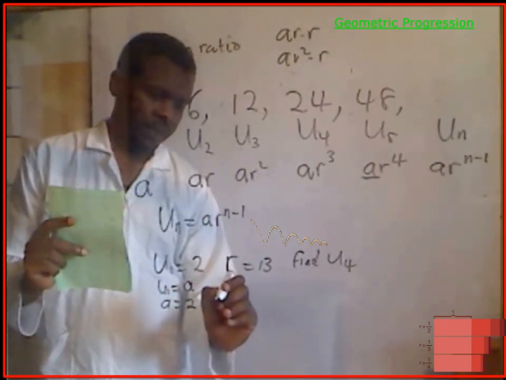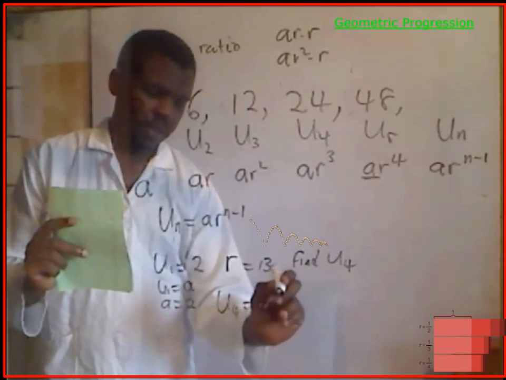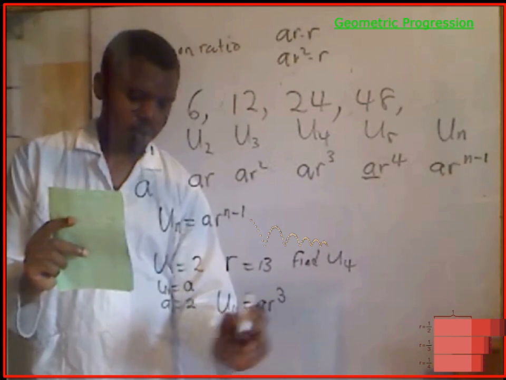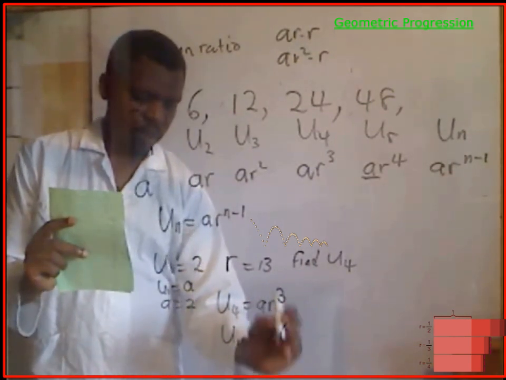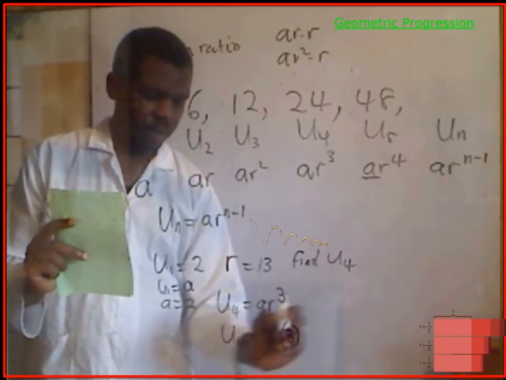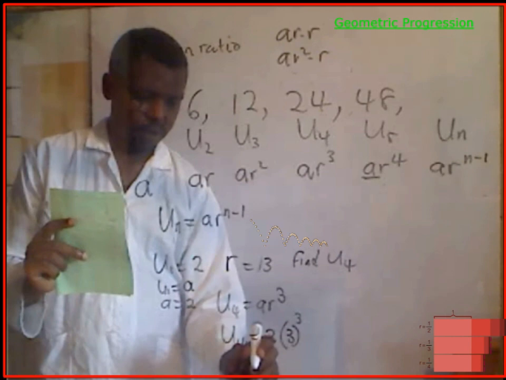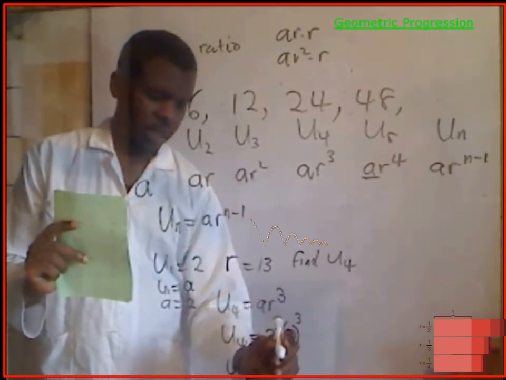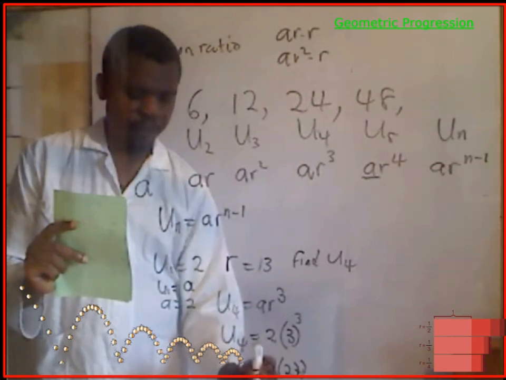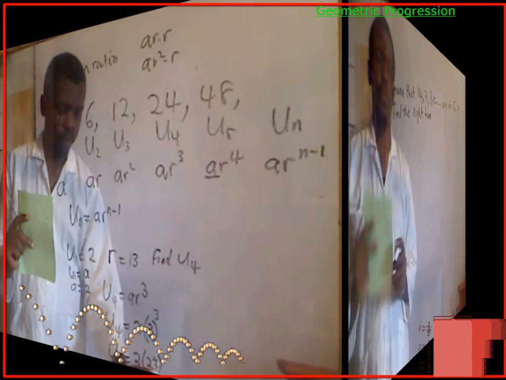Now I have U4, which is equal to AR cubed. So U4 will be equal to 2 times 3 to the third. U4 is equal to 2 times 27. U4 is equal to 54.